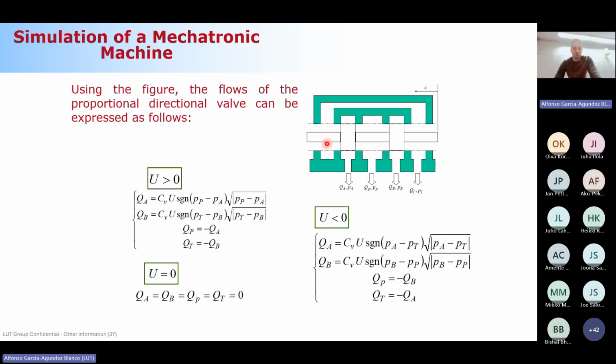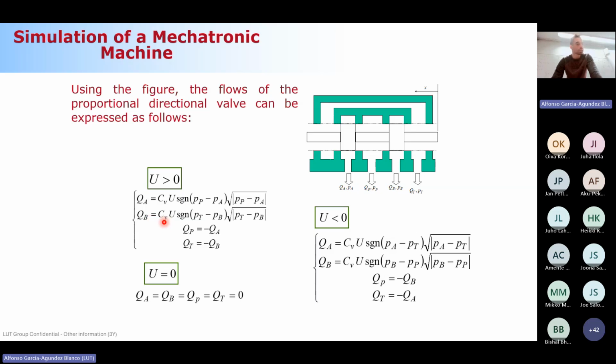Now, in the same configuration, we are moving this to the left. So port B is connected with port T, with the tank. Is this clear? So we are connecting B with T. So the equation is equivalent.